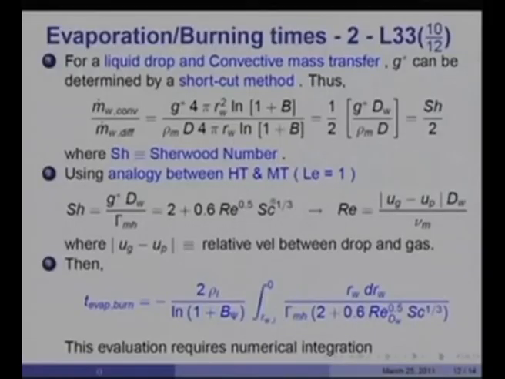Now, let us say the liquid droplet was in a convective environment, as inside a diesel engine, where the liquid droplets are injected in an atomized state and come out like a cloud. When the piston is at the top dead center, the temperature in the surroundings is already very high, and the droplets evaporate and then burn inside the cylinder.